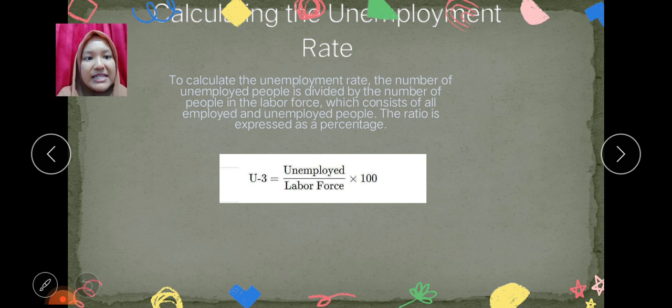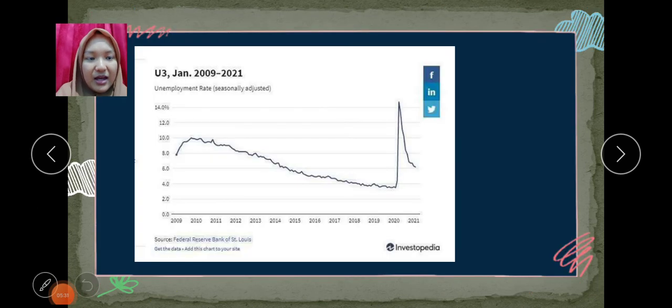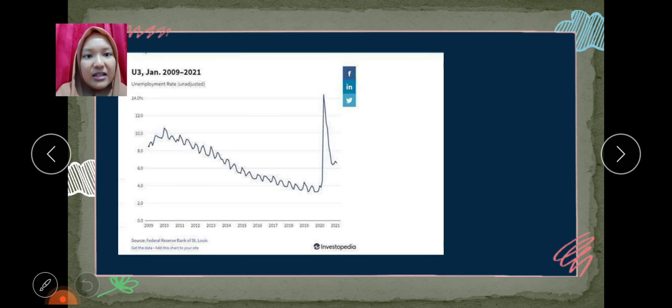The ratio is expressed as a percentage. Okay, this is the formula, and this is the curve of the unemployment rate, the example. And the next is the unemployment rate from January 2009 until 2020.